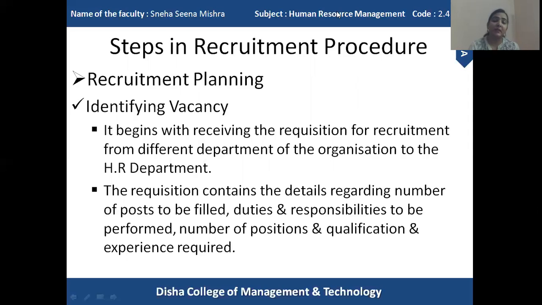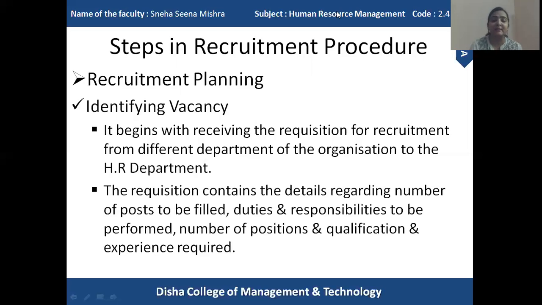Okay, now these requisitions contain the details of each and every job, each and every position which is vacant. So what are the various points which need to be mentioned in the list? First of all, the number of posts, how many posts are vacant and required to be filled.